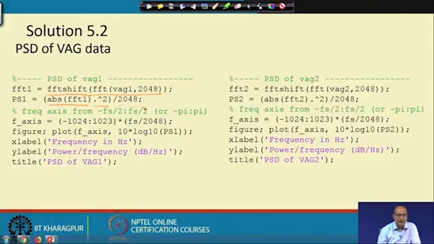Okay? And then we get the frequency axis, starting from minus Fs to plus Fs. We have 2048 samples, so we have the samples starting from minus 1024 to 1023, times Fs by the total number of samples.